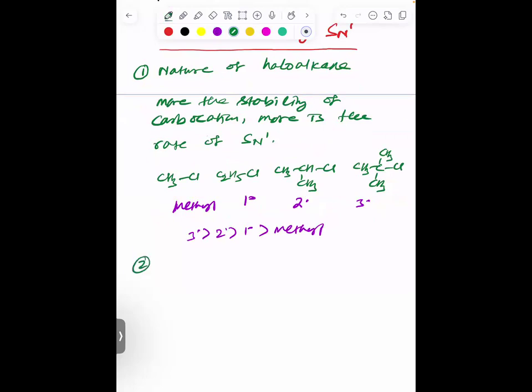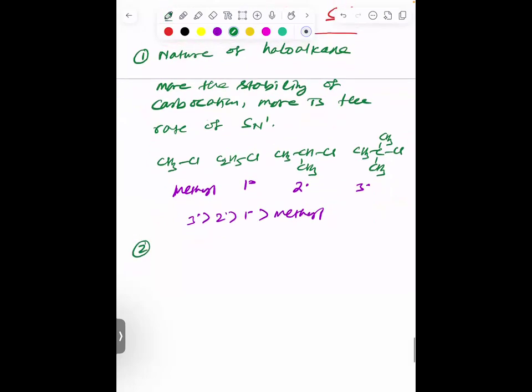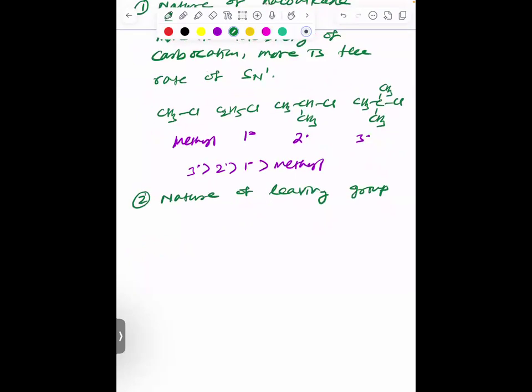Then second, nature of leaving group. I'm going to say, the better the leaving group, the more easily it can be released. The more easily the carbocation center is released, the more the reactivity towards the nucleophilic substitution reaction.